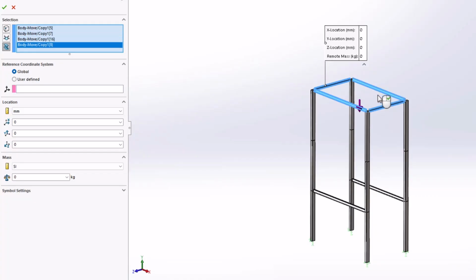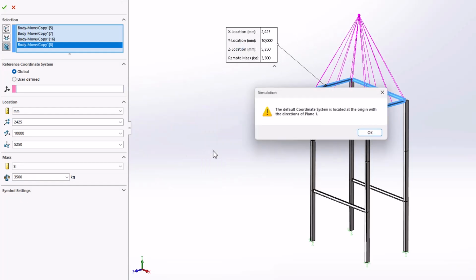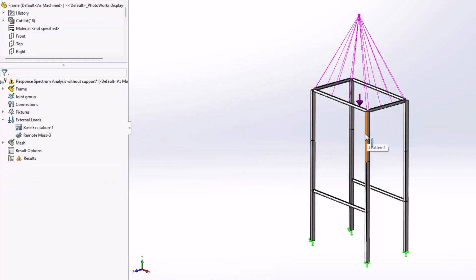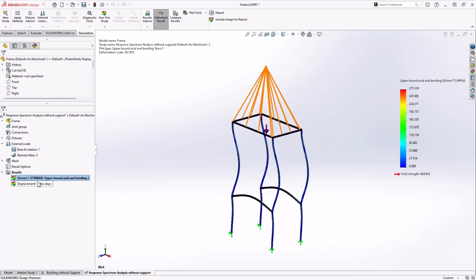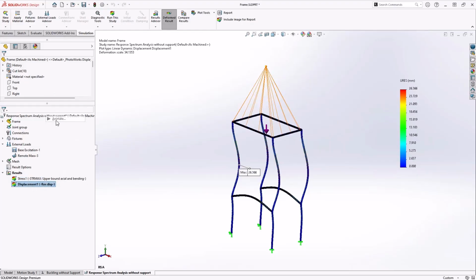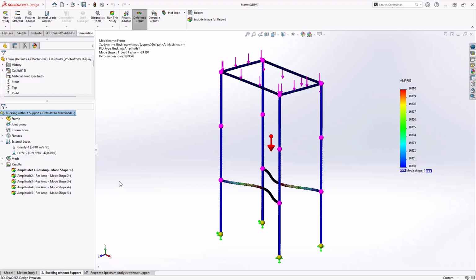With SOLIDWORKS Simulation 2026, a remote mass can now be assigned directly in a response spectrum analysis. This allows us to represent mounted equipment as a lumped mass, rigidly tied to the structure without adding unnecessary details. For engineers, this keeps the model lighter, accelerates solving, and still provides accurate results.